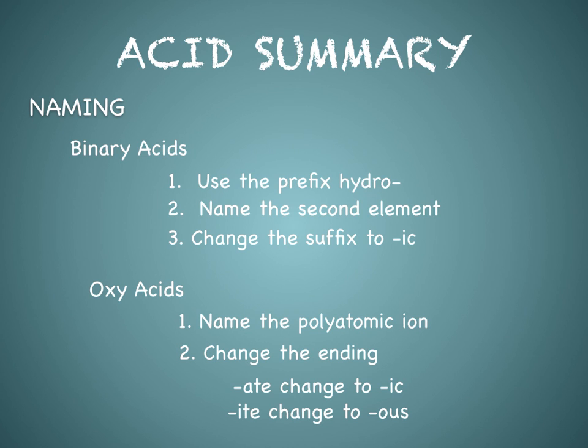For summary, when naming binary acids, we're going to use the prefix hydro and the root and then an IC ending. Oxyacids, these are the ones that have oxygen, or the polyatomics, we're going to use the name of the polyatomic. If the polyatomic has an ATE ending, we're going to change it to IC. If the polyatomic has an ITE ending, we will change it to OUS.